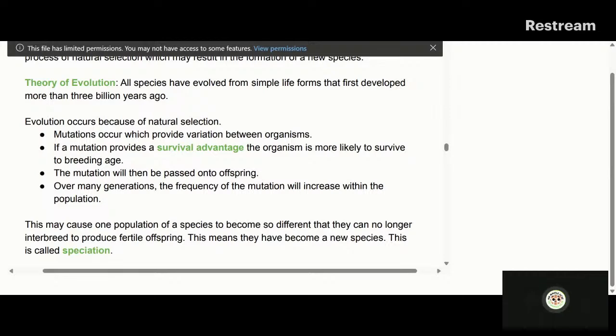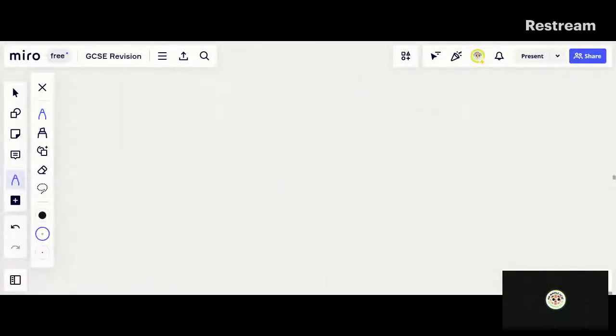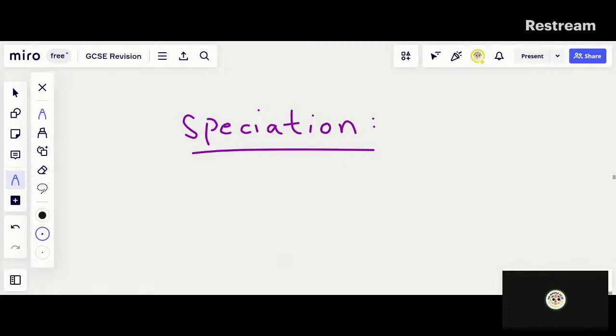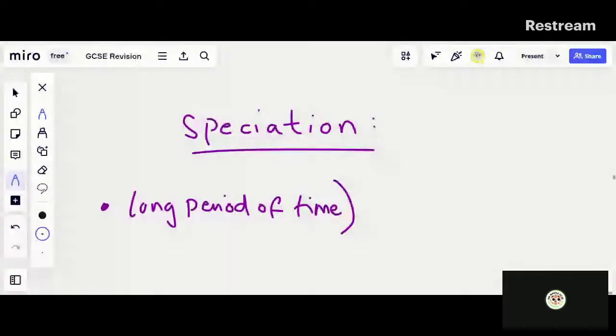Okay, so if we were to bullet point the process of speciation, firstly, it will be important to say that over a long period of time, the phenotype of an organism changes.